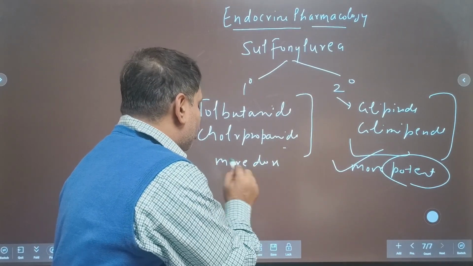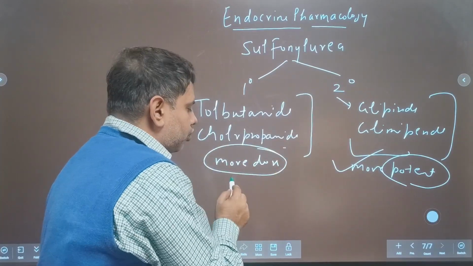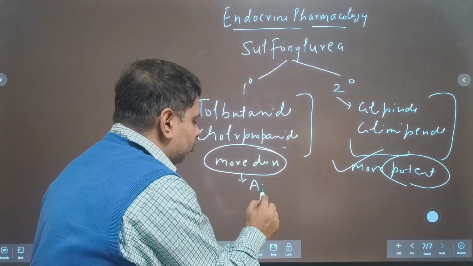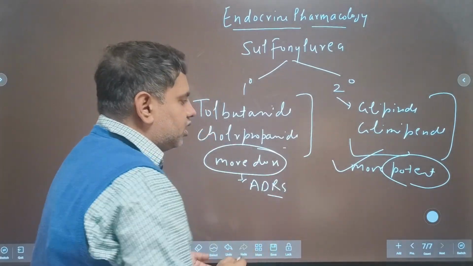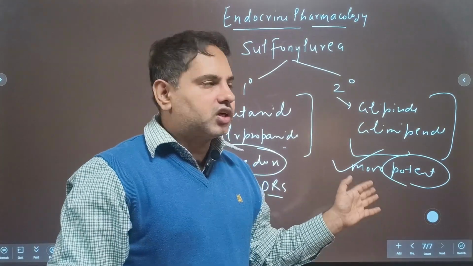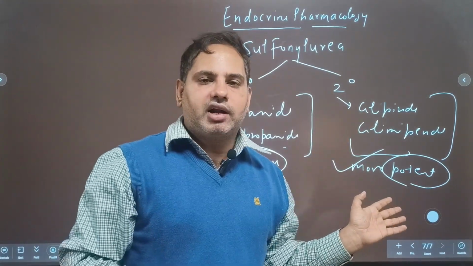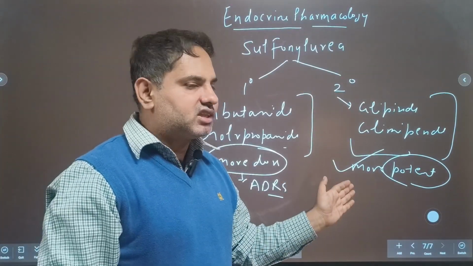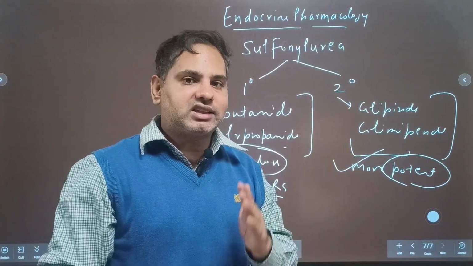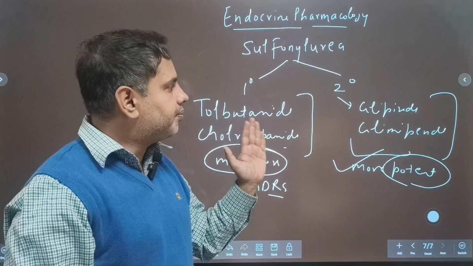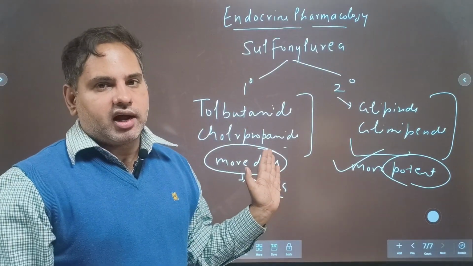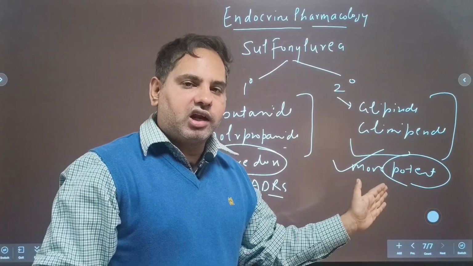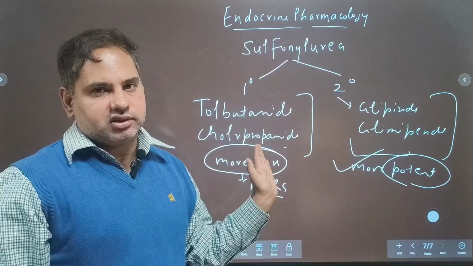And if you are using more dose, obviously it could result in more adverse drug reactions. Second generation drugs like glimepiride are effective at low doses, so they are associated with fewer adverse drug reactions and fewer drug-drug interactions as compared to first generation.